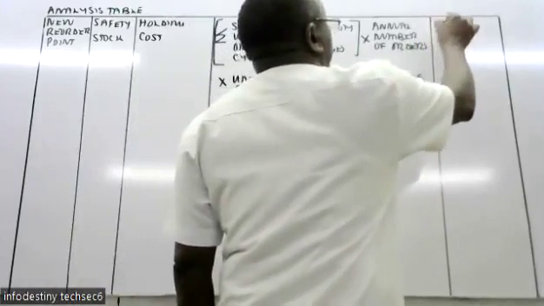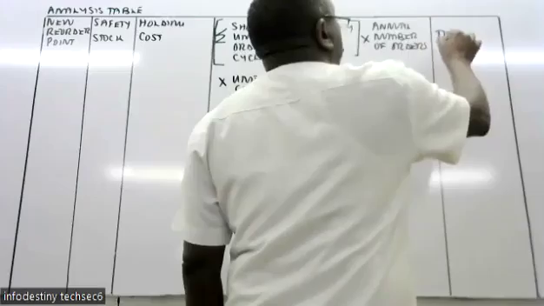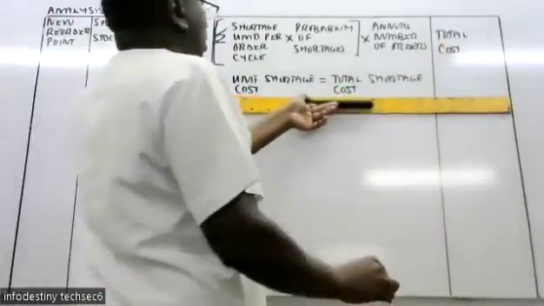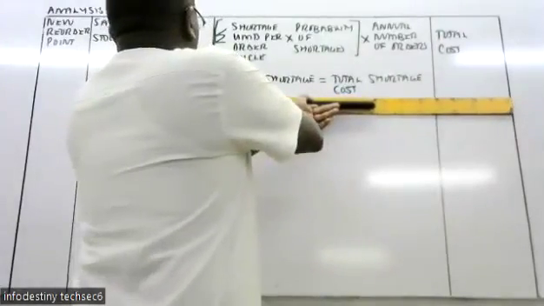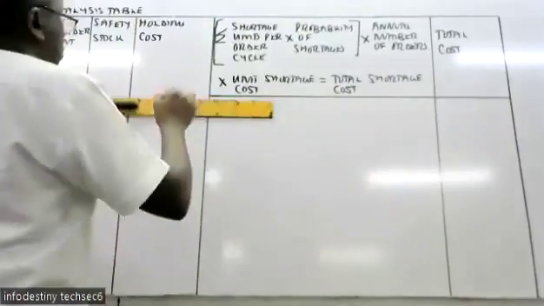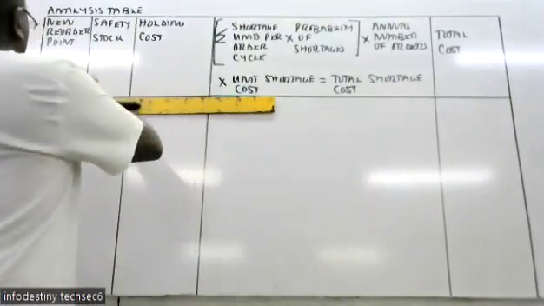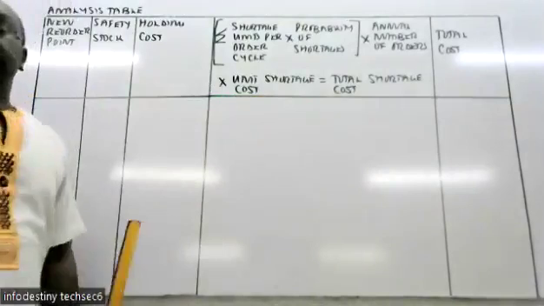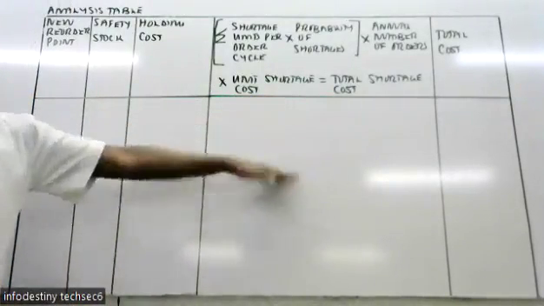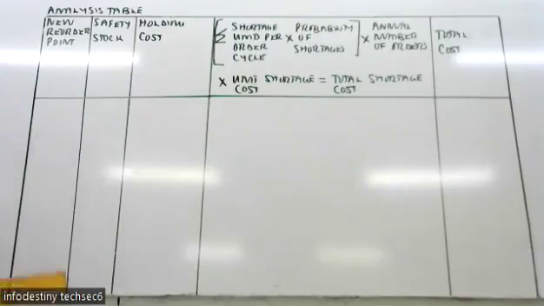Then we get the total costs. So this column is wide, there are many workings.